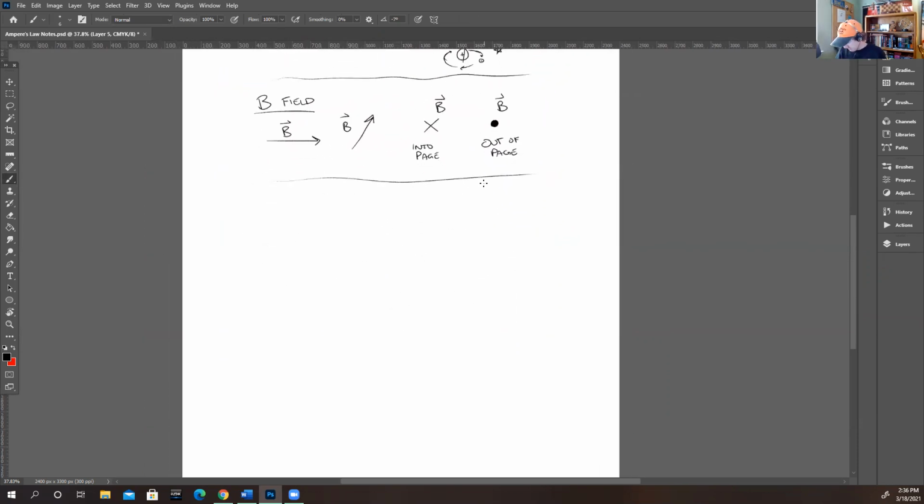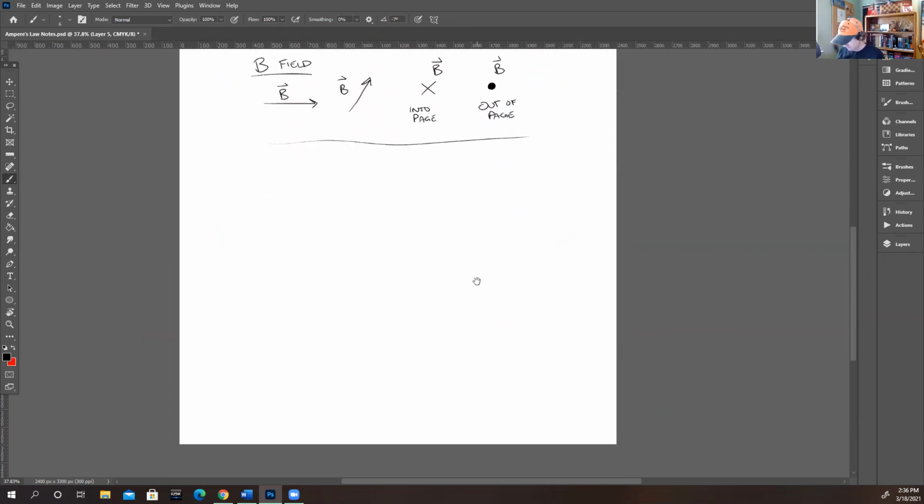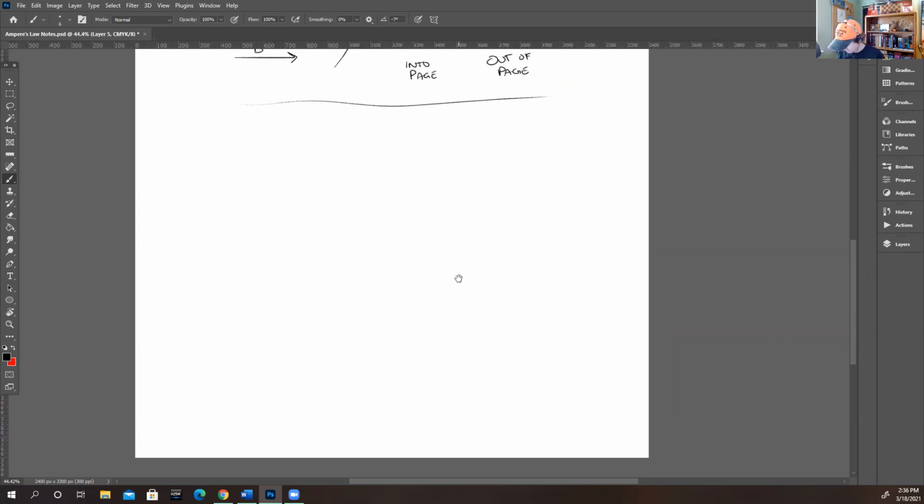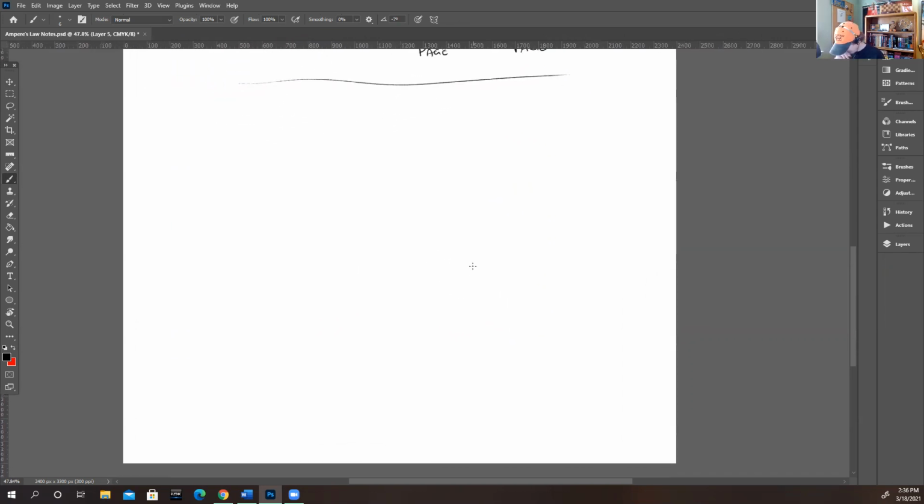Let me do the case of 2 parallel wires next to each other with current carrying wires. Let's first look at one wire.